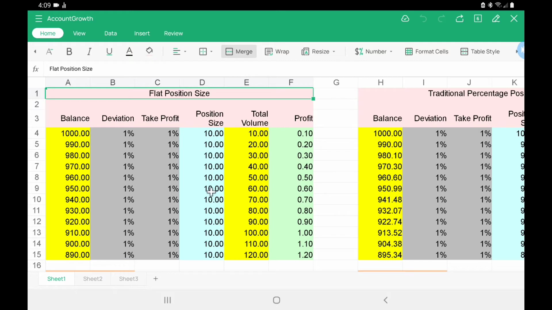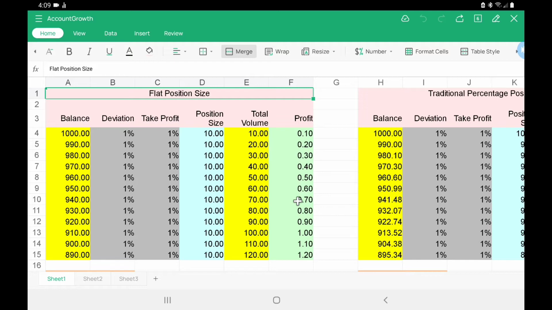So as I make purchases through the accumulation process, my total volume goes up $10. My profit at each level also goes up appropriately. For example, if I have $70 worth of volume and I hit my take profit boundary, I'm going to make 70 cents.